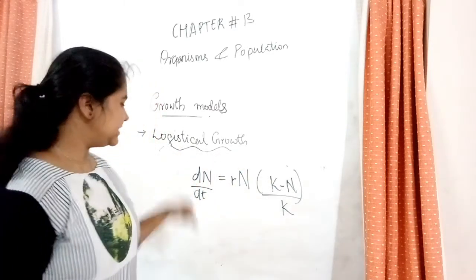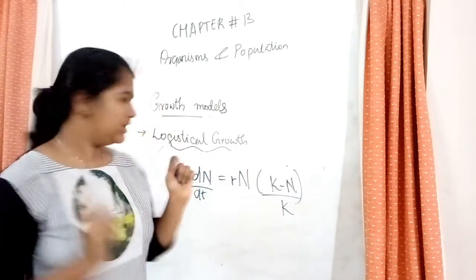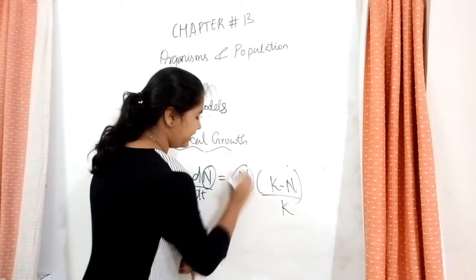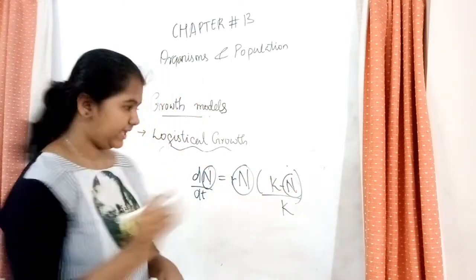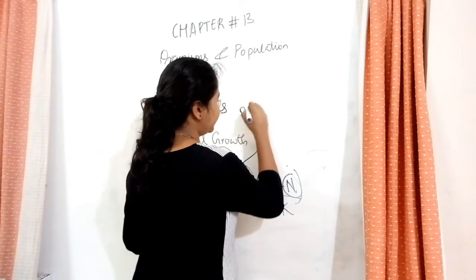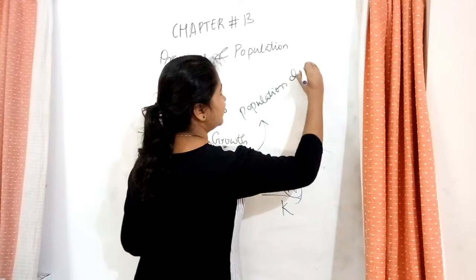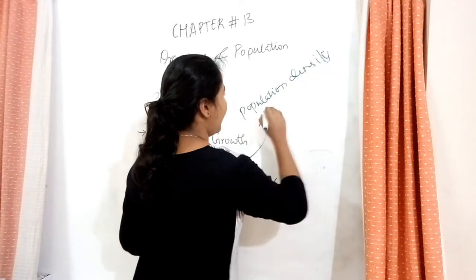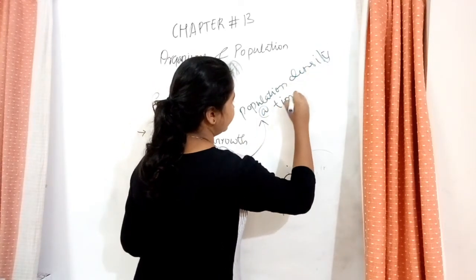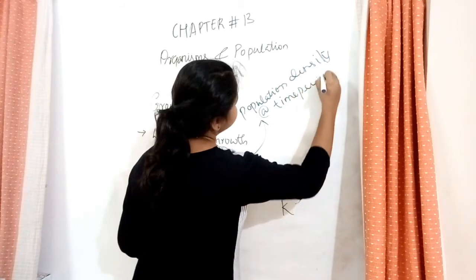So what is this? Let's discuss all of the terms. The first one, N over here, is the population density at time period t.